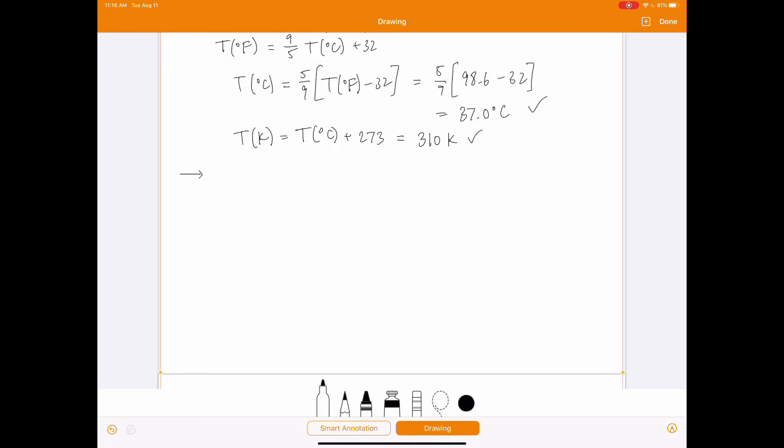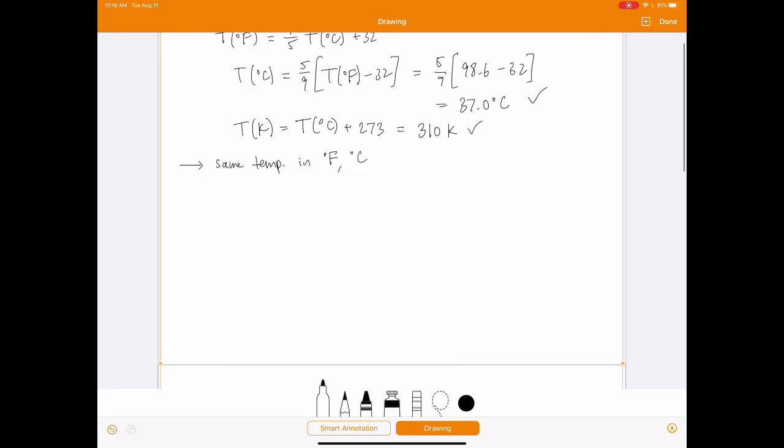Okay, the second question had to do with at what numerical value do we get the same temperature in degrees Fahrenheit or degrees Celsius? Okay, so here's how I'm going to go about doing this. I'm going to let X equal the temperature in degrees Fahrenheit, but the assumption is it's the same temperature in degrees Celsius because there's some point where those two scales line up with each other.